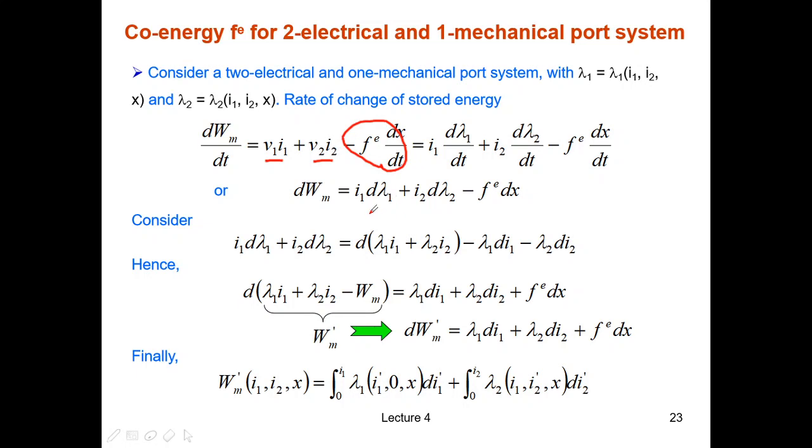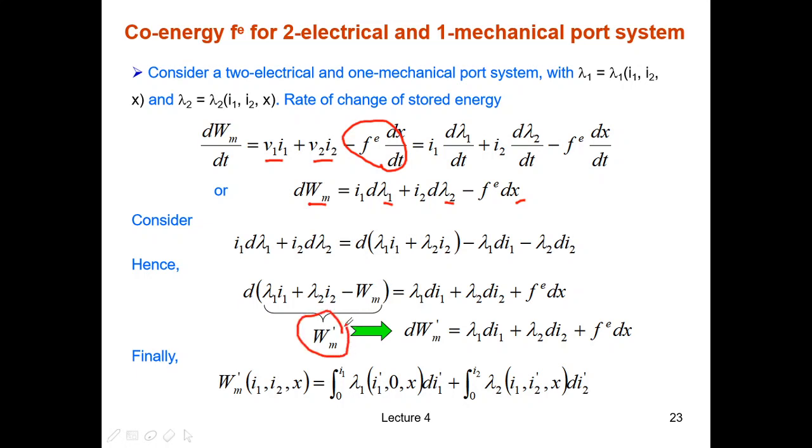Similarly, we can define the stored energy function Wm here, which is a function of lambda 1, lambda 2, and x, okay. However, we know that it's going to be really hard to calculate, so we go straight and define lambda 1 I1 plus lambda 2 I2 minus Wm as our Wm dash.